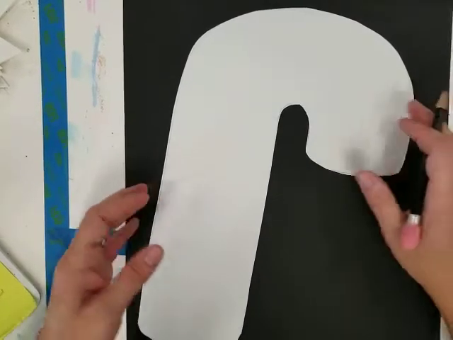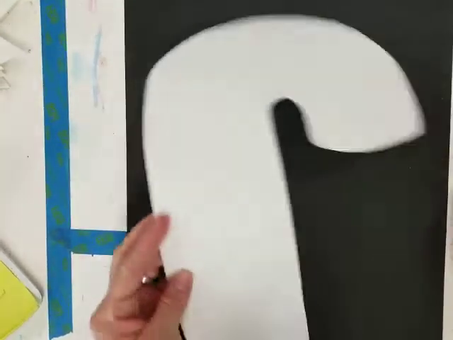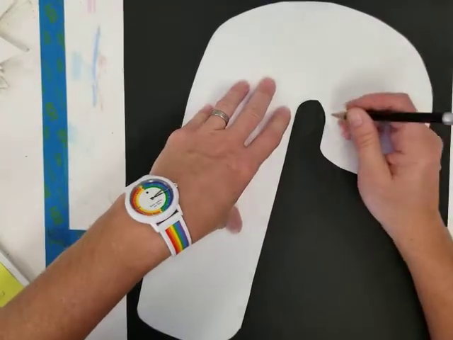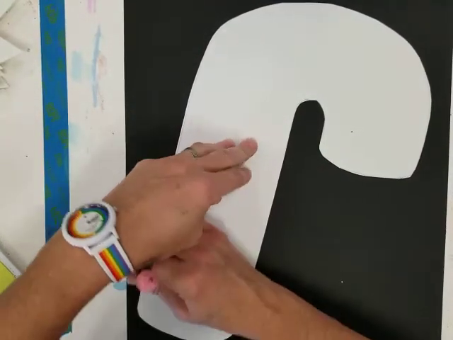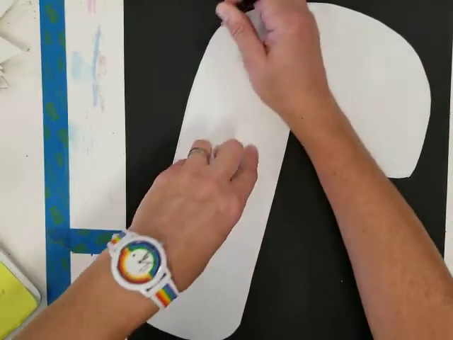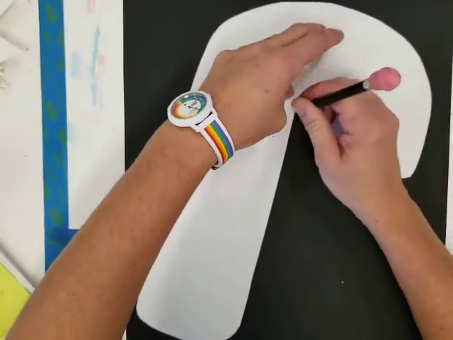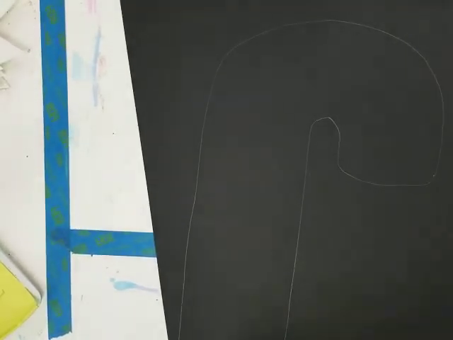If you wanted to go smaller, you could make 2 candy canes and have them cross like this, like one this way and one that way. I am going to just stick with one big one. So you're going to outline on black paper, just like this, okay?